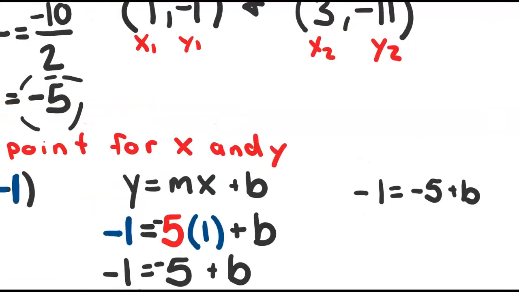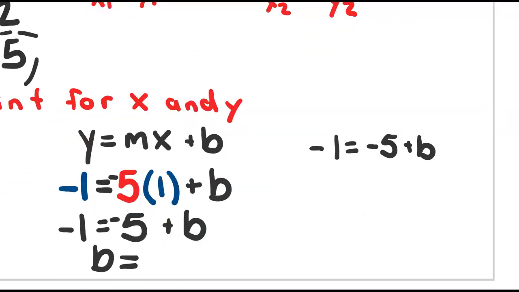We need to know how to do this. How do we solve for b? Yeah. So basically, you add 5 to -5, and then that crosses stuff out, and you add it to the -1, and then you add this together and 4 equals b.